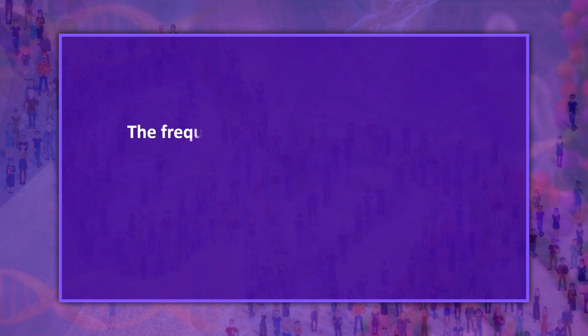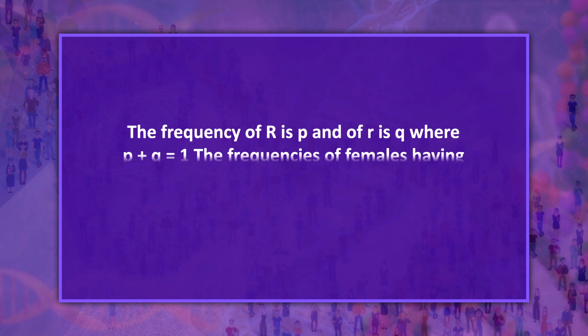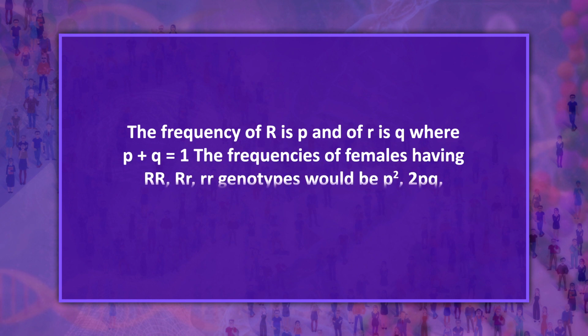The frequency of capital R is p, and of small r is q, where p plus q is equal to 1. The frequencies of females having capital R capital R, capital R small r, small r small r genotypes would be p squared, 2pq, q squared respectively.